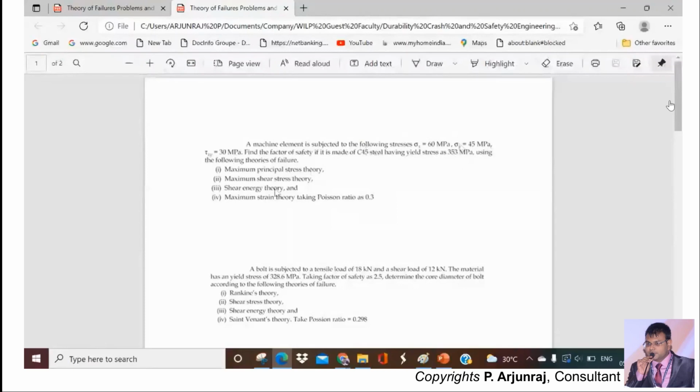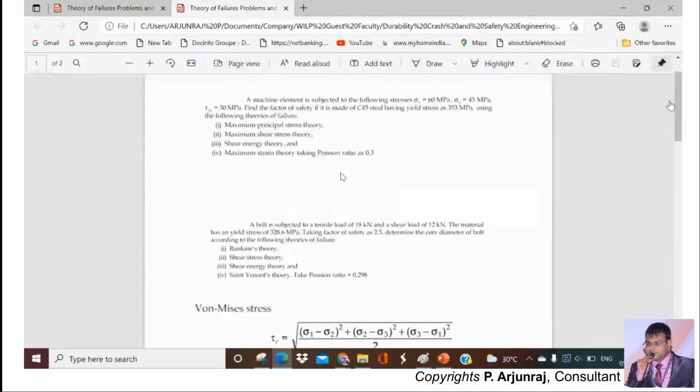So using the theory of failures we have seen so far, you have to use all these theories and find the factor of safety. This is the first problem statement. Let us solve this first. I'm just going to the whiteboard.